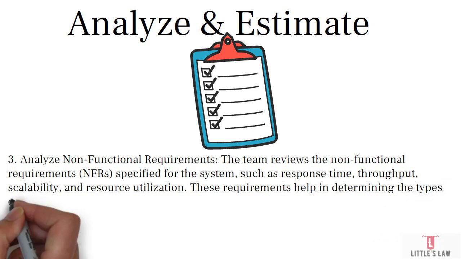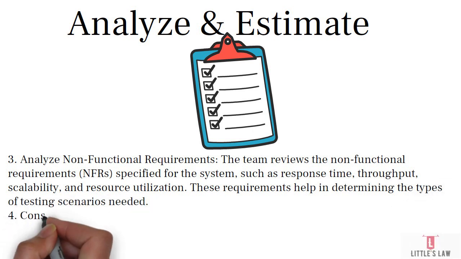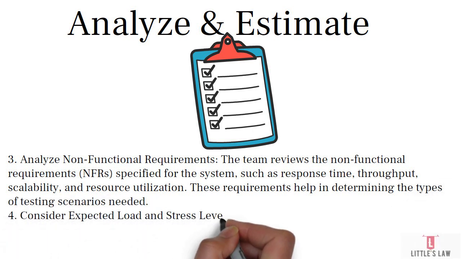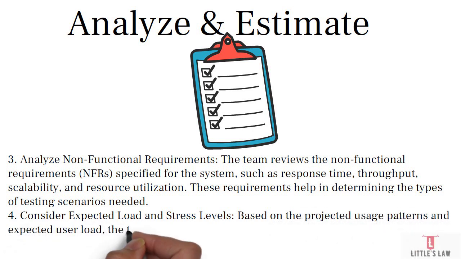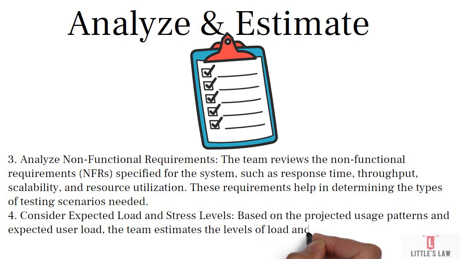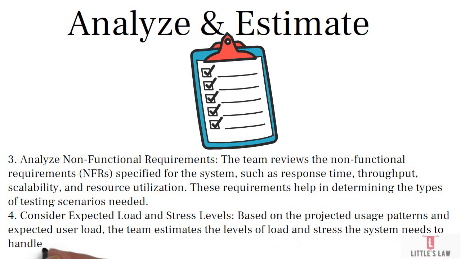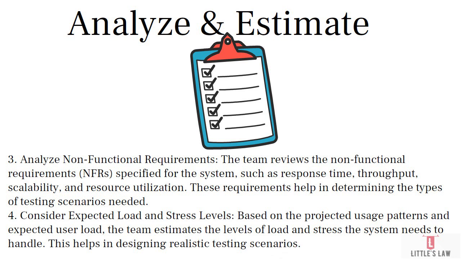These requirements will help you determine the type of testing scenario needed. So this is the critical part, and that's why we need to do this analysis. So how to do it? Let me give you an example. For example, they review the non-functional requirements specified for the website, including the response time.